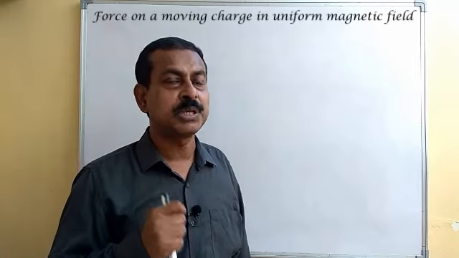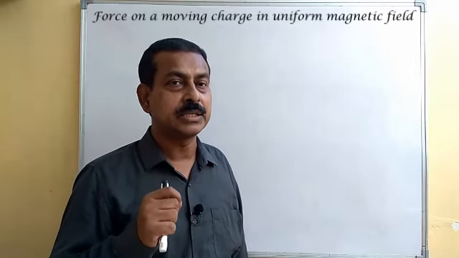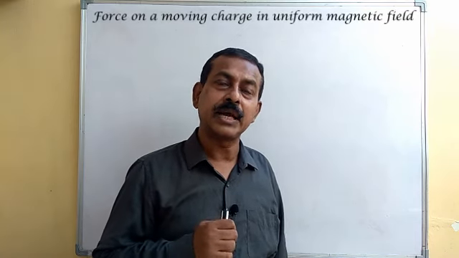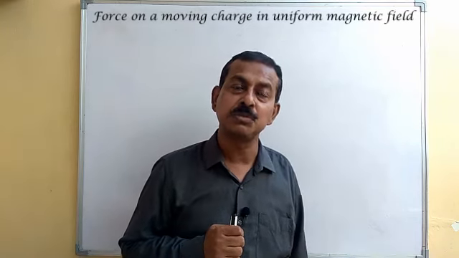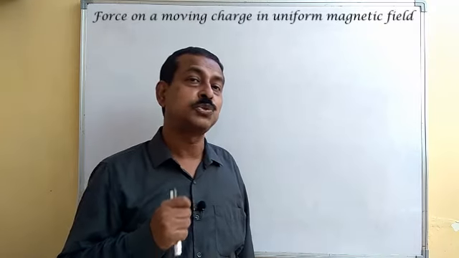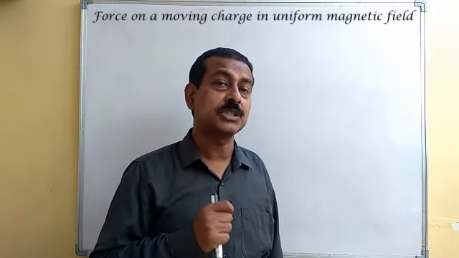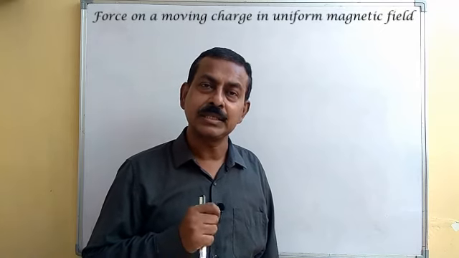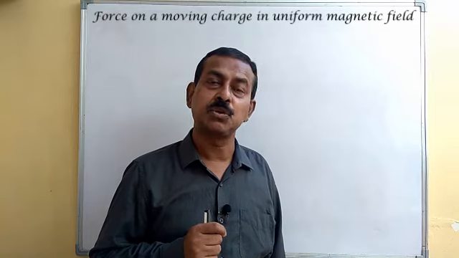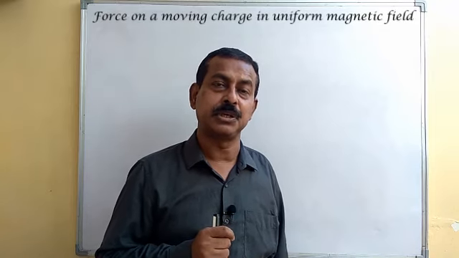Force experienced by a moving charge is directly proportional to the magnitude of the charge, directly proportional to the velocity of the charge, directly proportional to the magnitude of the magnetic field in which the charge is moving, and directly proportional to the sine of the angle between the direction of velocity and magnetic field.